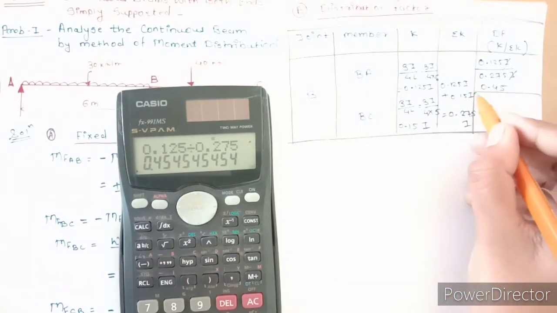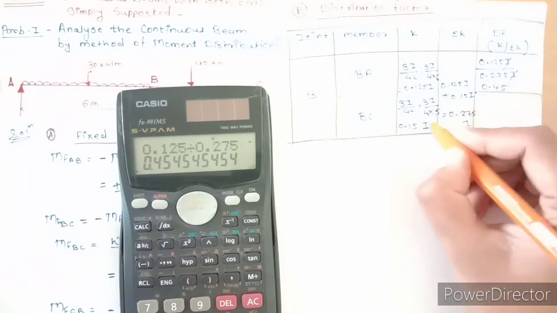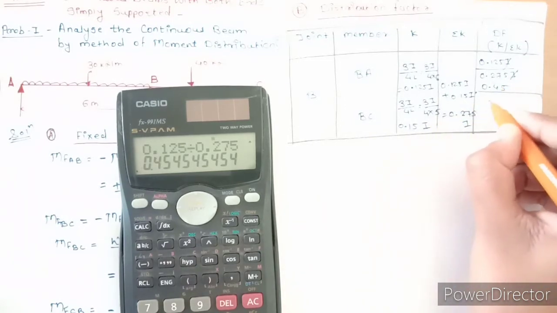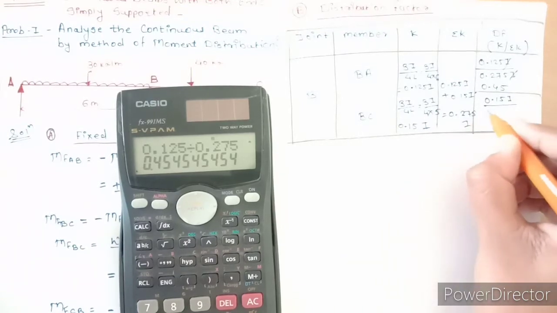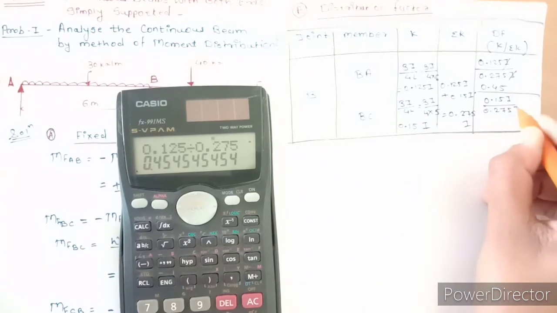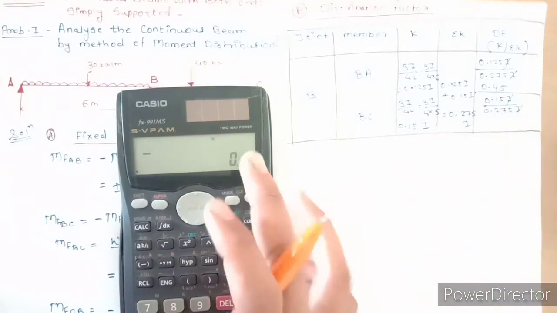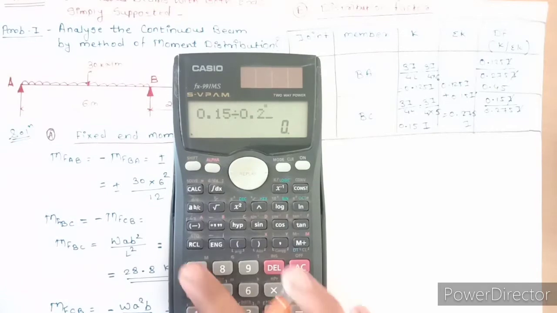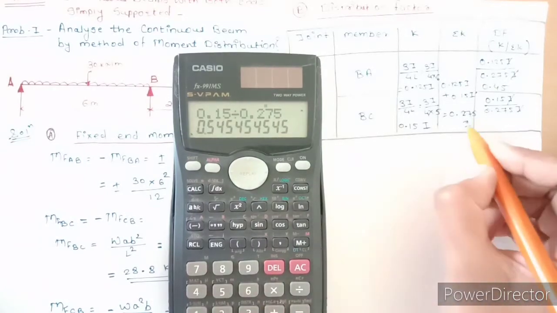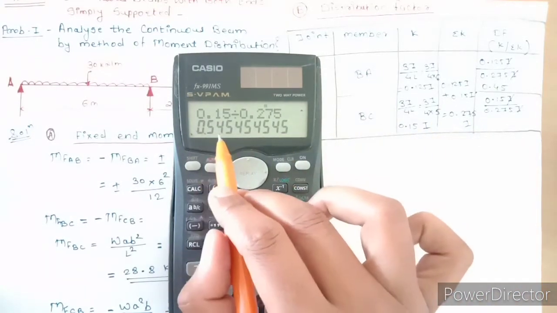Then next, for the BC member, K is 0.15 I and total K is 0.275 I. Here I gets cancelled. So the answer is 0.15 divided by 0.275, which is 0.545.